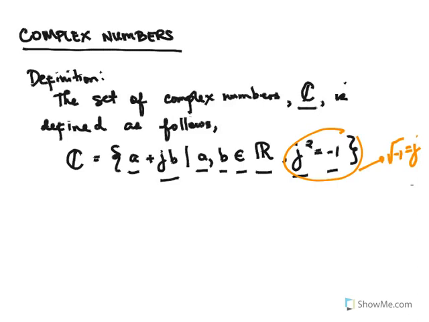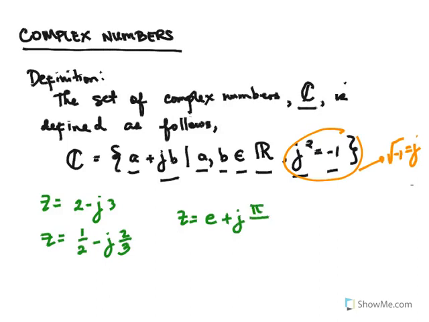Now, examples of complex numbers are z equals 2 minus j3, z equals 1/2 minus j 2/3, or z equals e plus j pi over 6. As long as a and b are both real numbers, then if you put that in the form a plus jb, what you have is a complex number.